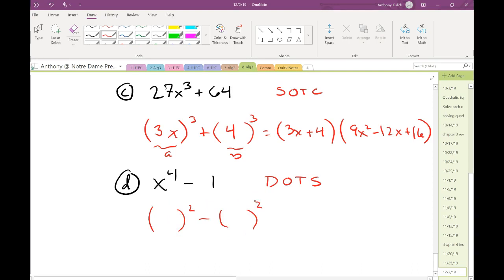So what squared gives me x to the fourth? X squared. And what squared gives me 1? 1. So here's my A, and here's my B. So I have A plus B times A minus B. Am I done?